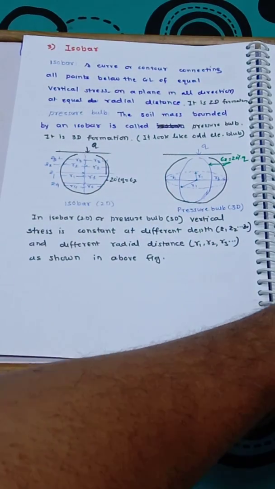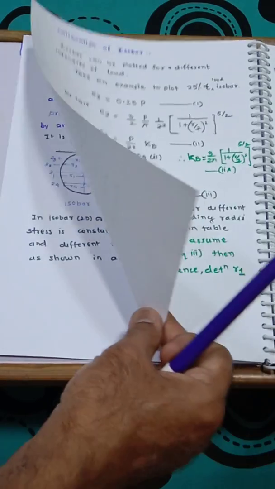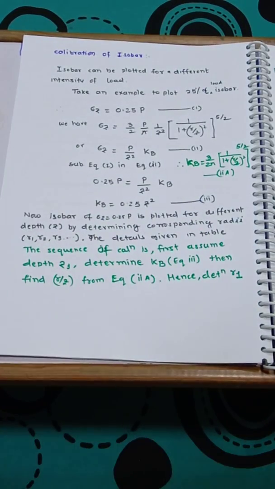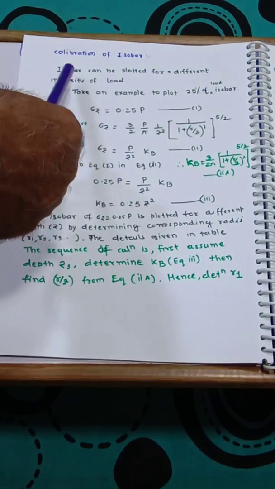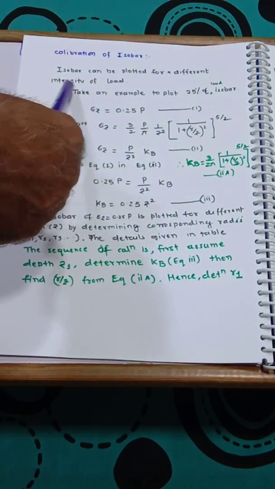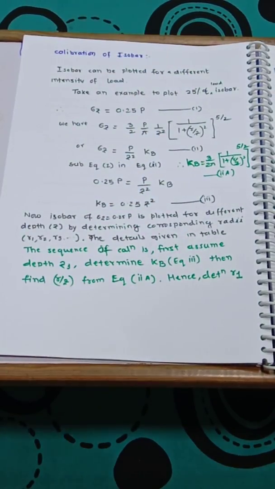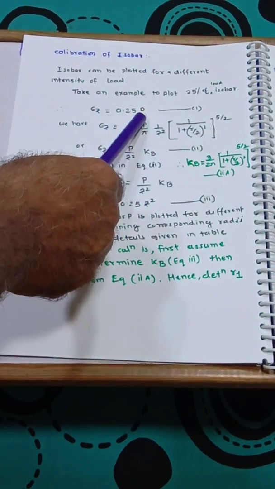Now how to calibrate this isobar or generate it? Again we'll go from the basics. An isobar can be plotted for a different intensity of load. It is always plotted with the intensity of load. For example, 100 kilonewton is the load applied, P.